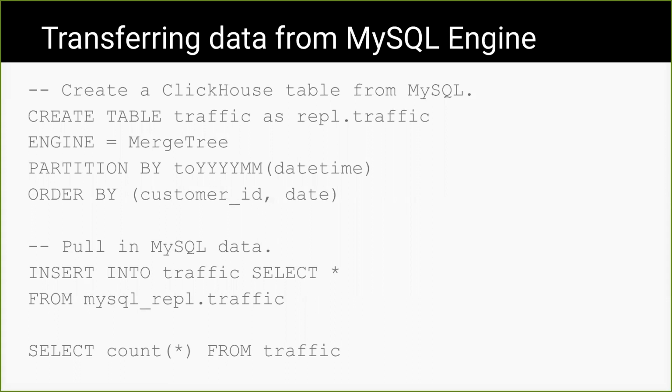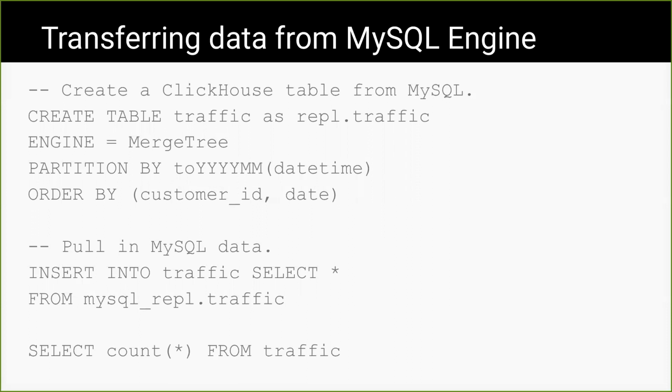What we're doing is creating a table from the column definitions available in the MySQL REPL database, and then applying the normal parameters to create a MergeTree table. So a partition key, as well as an order by, which will give us our indexing and sorting. At that point, you can go ahead and pull the data straight in.